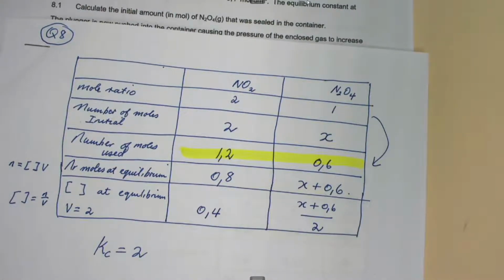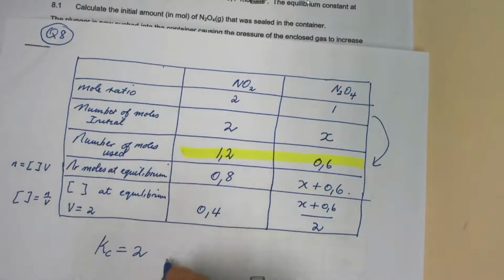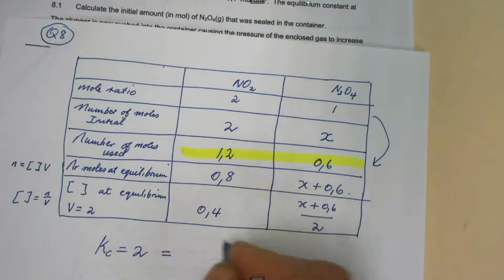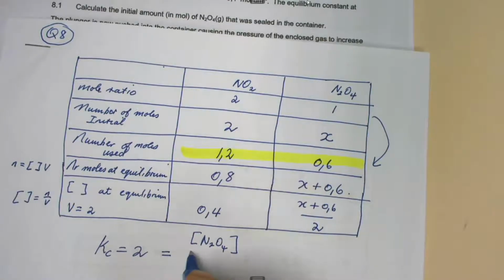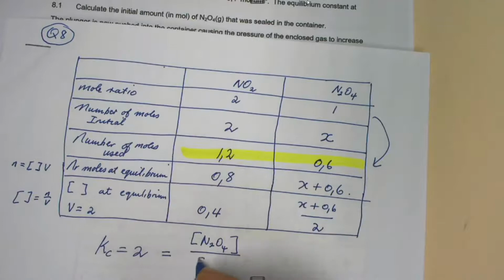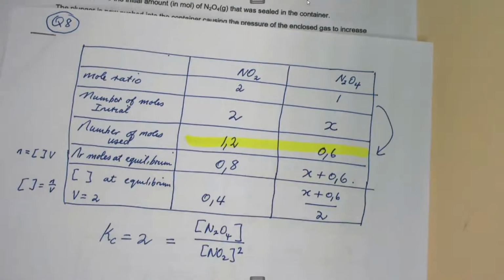Now the Kc value was given as 2, so I can say that will be equal to what? It will be equal to the concentration of the N2O4, to the power 1, because there's a coefficient of 1, divided by the reactants, which is the concentration of the NO2, to the power 2, because there's a coefficient of 2 in front of it.